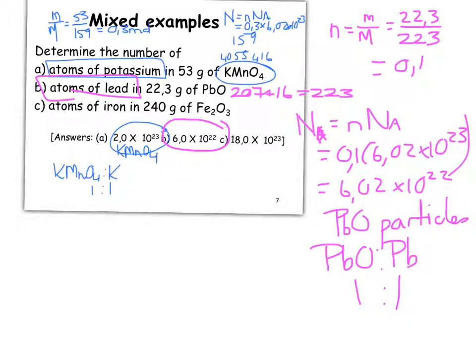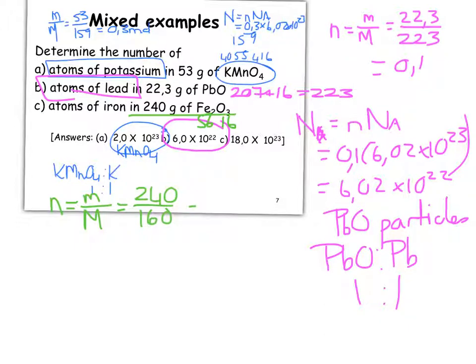What about iron in 240 grams of iron oxide? So once again, number of moles is equal to mass over molar mass. And that's going to be 56 times 2 and 16 times 3. And altogether, I'm going to land up with 160 as the molar mass. I'm given 240.